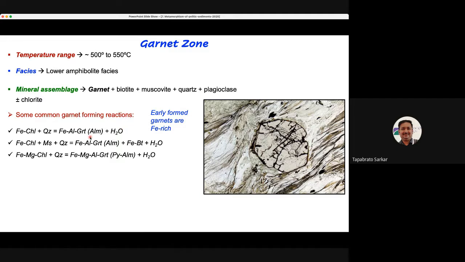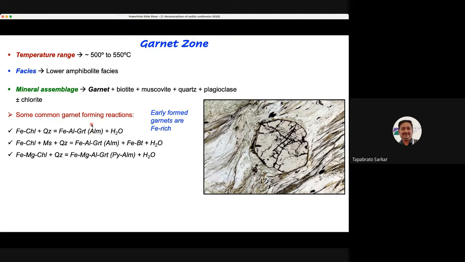As you form garnet, the rock is becoming more and more anhydrous. Garnet is an anhydrous mineral. Water from the chlorite is released as chlorite reacts to form garnet, so the rock is becoming more and more anhydrous. This is what you need to understand from these reactions. The very important thing is the mass balance. If you remember the components in each mineral, you will understand the background of these reactions.